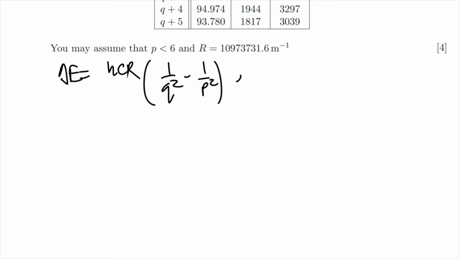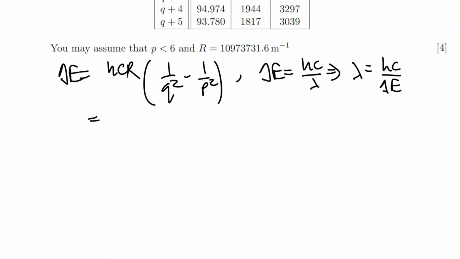What else did we know? We knew that delta E equals hc over lambda, or rather lambda equals hc over delta E. Now it's just a case of doing a bit of manipulation.